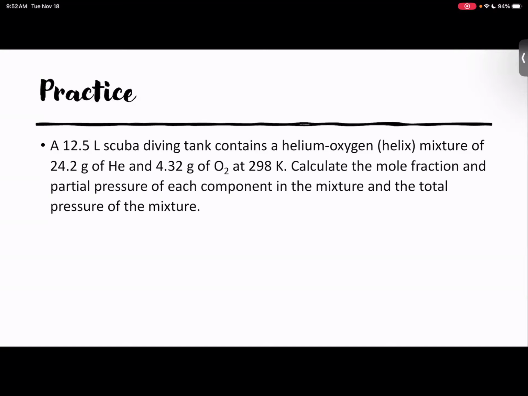Okay. So the first thing we've got to do is convert the grams of each of these into moles. So 24.2 grams of helium needs to be converted into moles of helium, with the fact that 1 mole of helium has a mass of 4.003 grams. So we're talking about 6.045 moles of helium.